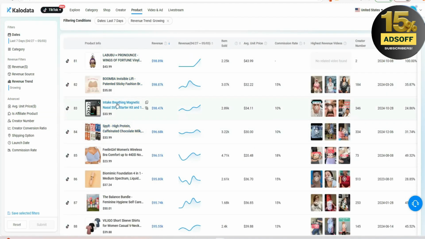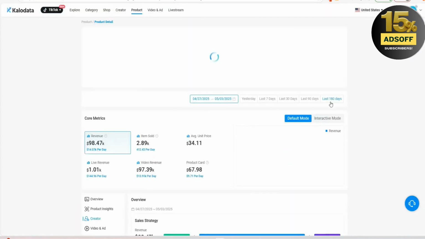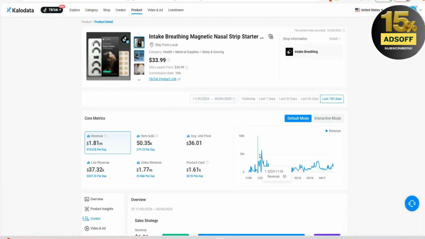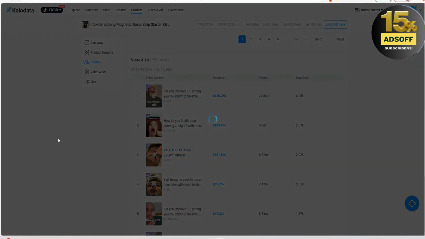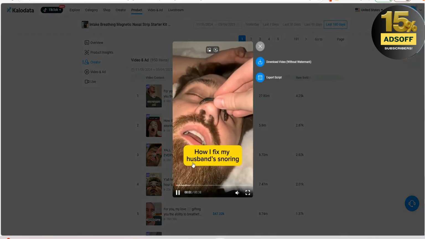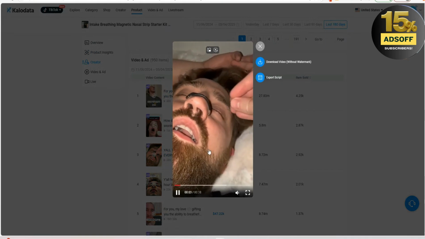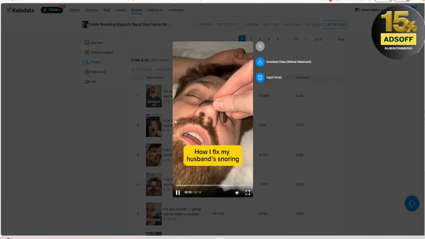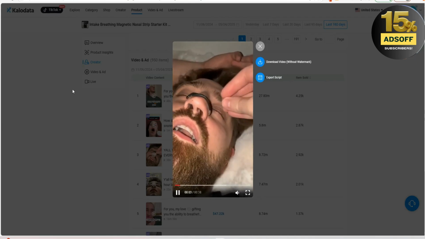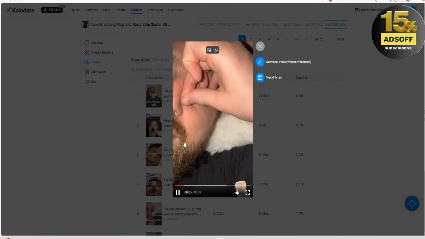This is also a really good product. You can see how instant it is and how it solves a problem and shows off. Obviously, with the 180 time frame, you can't run it anymore. But if we look at this video, you can see how it clicks and opens up his nose. He's snoring, and now his snoring went away. Very instant, very visual.